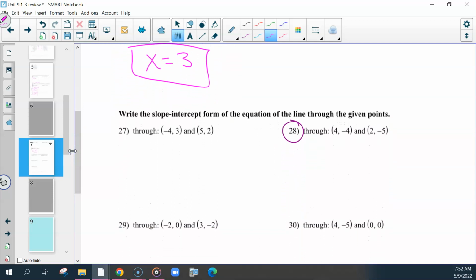For number 28, we are now given 2 points. So we need to find our slope first, and then we're going to use our point slope formula. Label them if you need to.